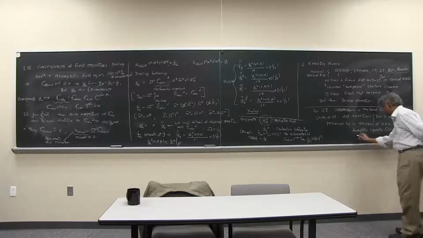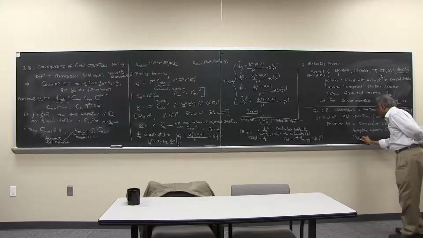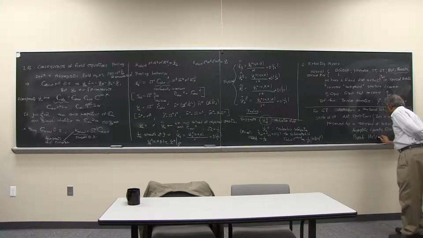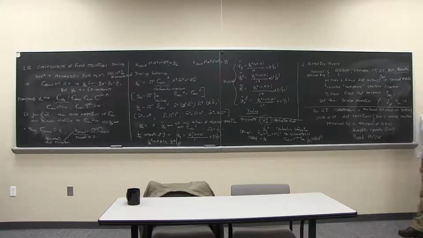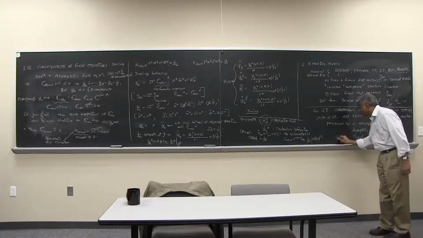This was analyzed first by Bondi, Metzner, in the axisymmetric case, and generalized in a very beautiful work by Sachs to all cases, not necessarily axisymmetric. So it is the Bondi, Metzner, Sachs group, and it is called the BMS group.